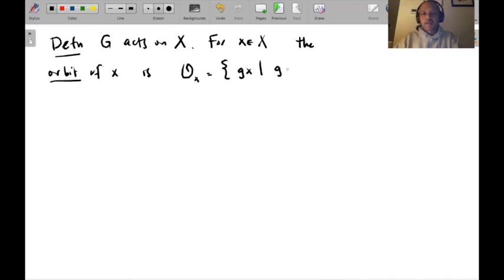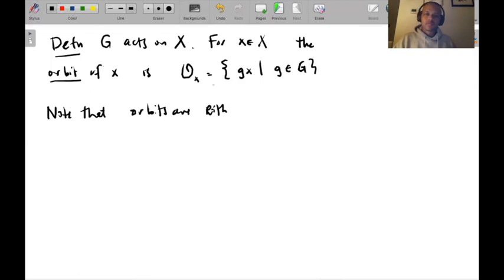So it's gx, where g ranges over points in G. And a basic observation is that orbits are either disjoint or equal.